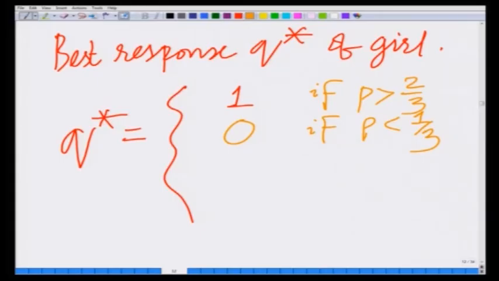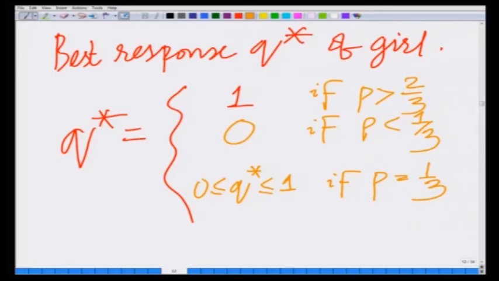On the other hand, if p is equal to 2 by 3, then any value of 0 less than or equal to q star less than or equal to 1 is acceptable, because if p is equal to 2 by 3, then both the Harry Potter movie and the game of cricket give her an exactly identical payoff. Therefore, any probability q star between 0 and 1 is acceptable.